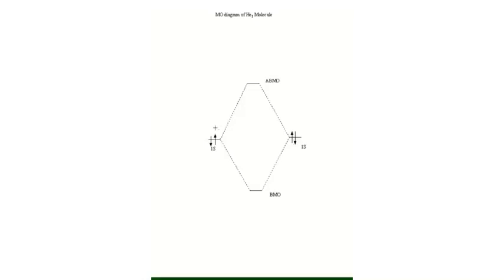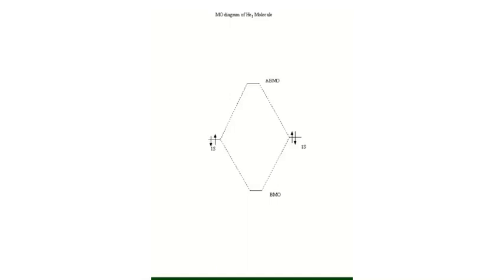Now once these atomic orbitals combine to form these molecular orbitals, these electrons should be filled in these molecular orbitals, that is the bonding molecular orbital and the anti-bonding molecular orbital. Here we have only 2 molecular orbitals available. Let us fill them. We have 4 electrons altogether.